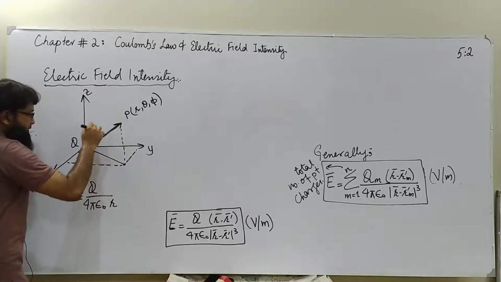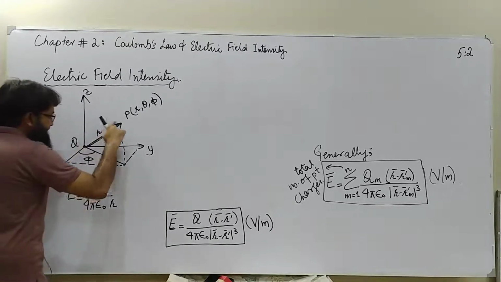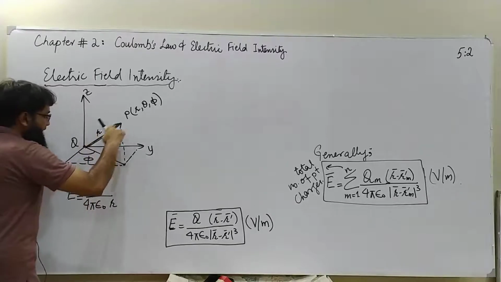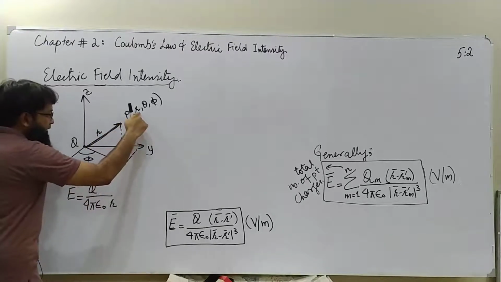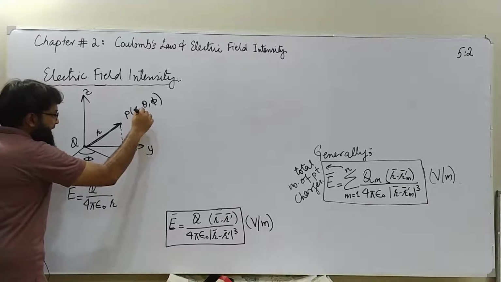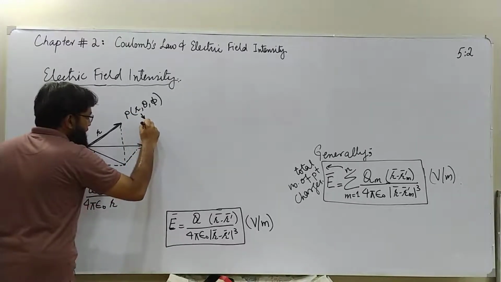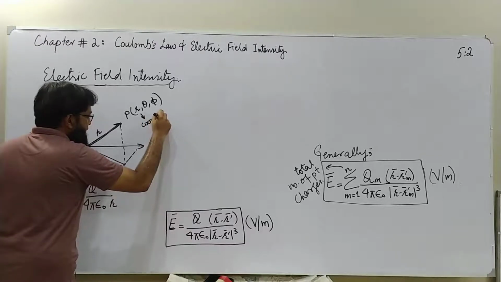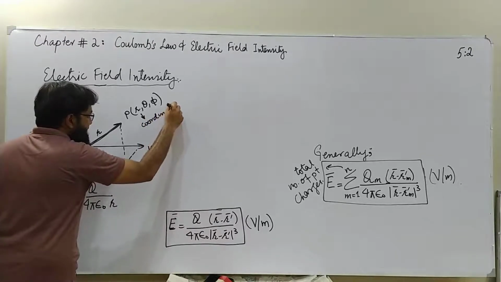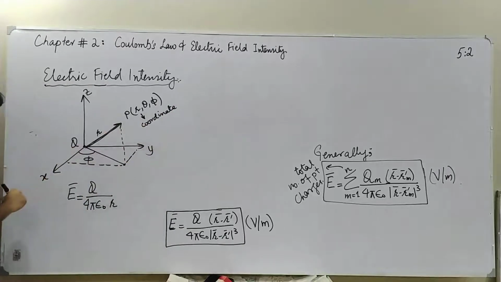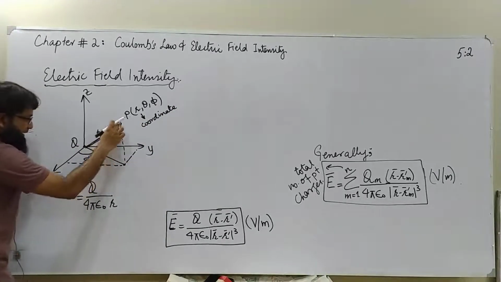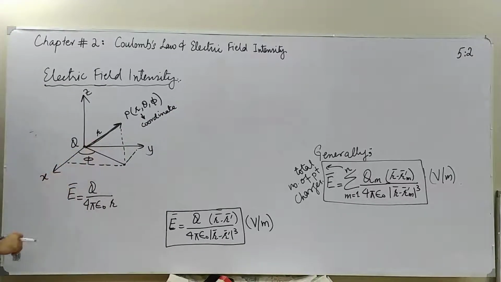That's why I haven't drawn any bar over it. This r is the radius or length of this line, which is this coordinate. This r is no more a position vector. This is one of the coordinates of the spherical coordinate system. So this is a quantity, length. It has nothing to do with any vector.